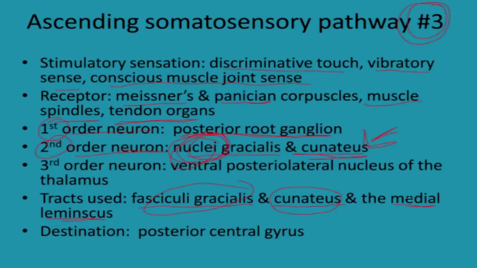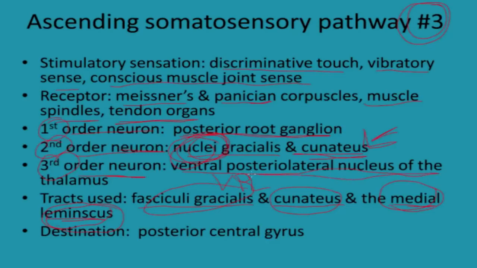From there, they use the medial lemniscus, which we have right here, and they travel on to the pons and the midbrain, finally synapsing on the third order neuron, which is the ventral posterior lateral nucleus of the thalamus.